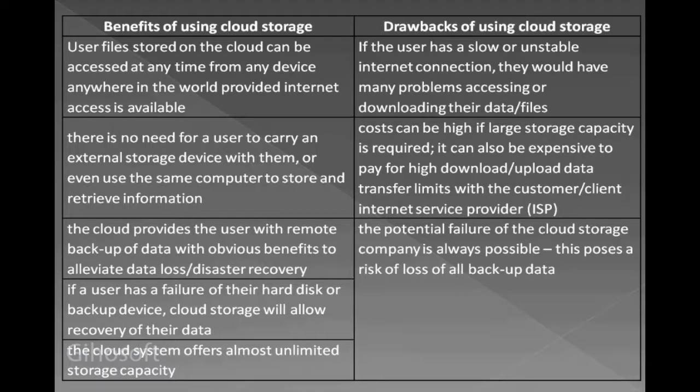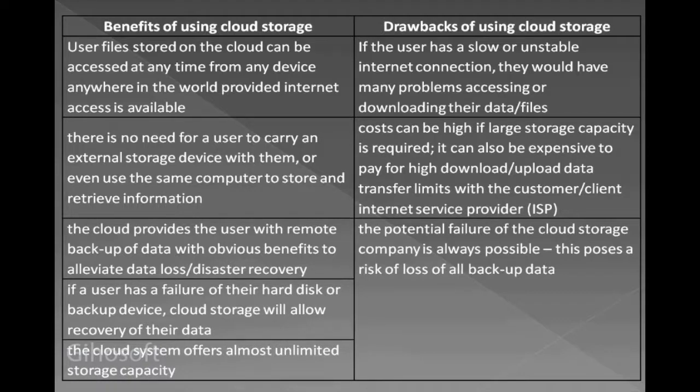The cloud system offers almost unlimited storage capacity. However, obviously for each GB that you use, you have to pay some amount to the company. Now the drawbacks are, if a user has a slow or unstable internet connection, they may not be able to access their files, and cost can be high if large storage capacity is required.